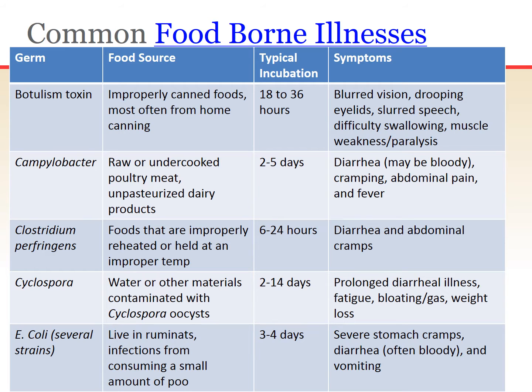The typical incubation is 18 to 36 hours, and as you know, muscle weakness and eventual paralysis are what we think of as botulism, but it also includes earlier signs of blurred or slurred speech, blurred vision, drooping eyelids, double vision, difficulty swallowing, and some general muscular problems.